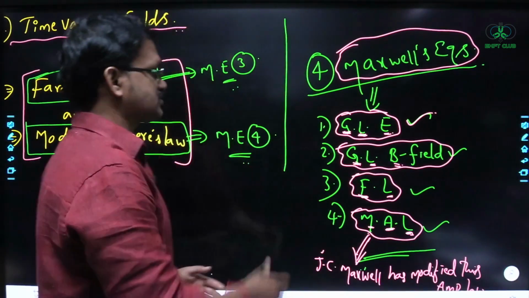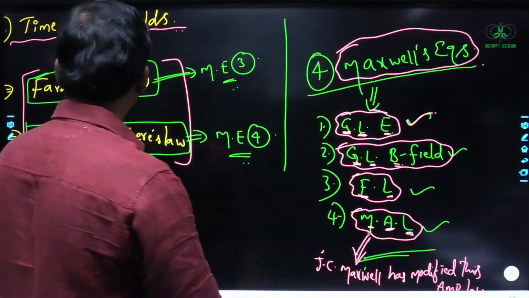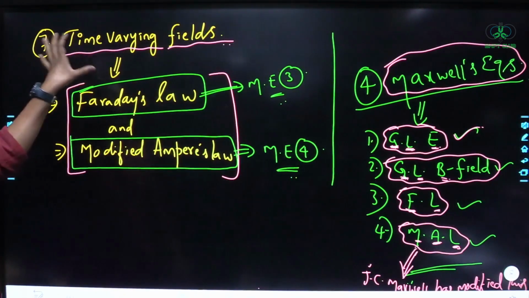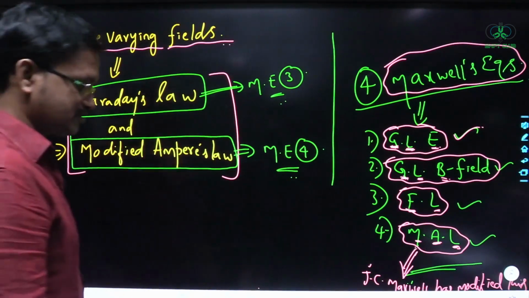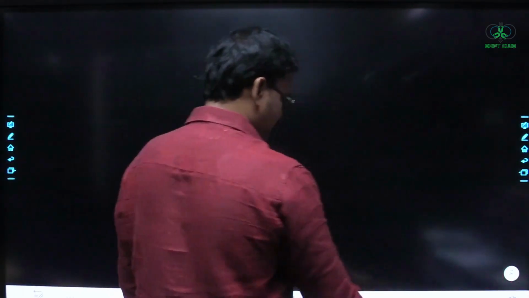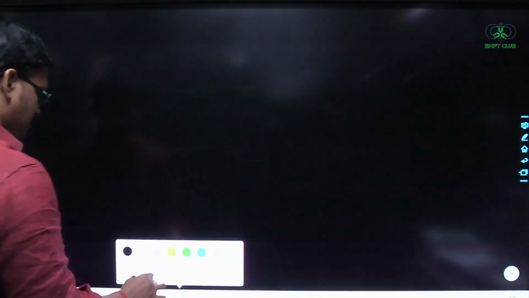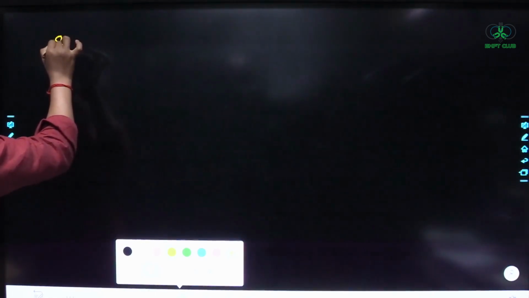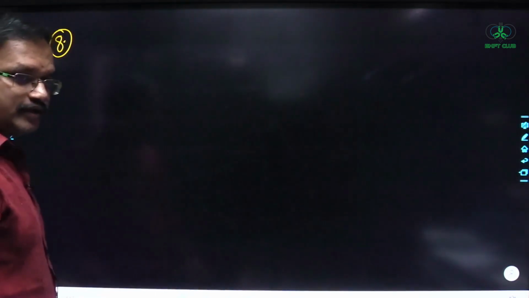He has given the mathematical forms. So 7 topics we have covered, up to time varying fields. Once we complete time varying fields, next we'll go for the 8th topic.